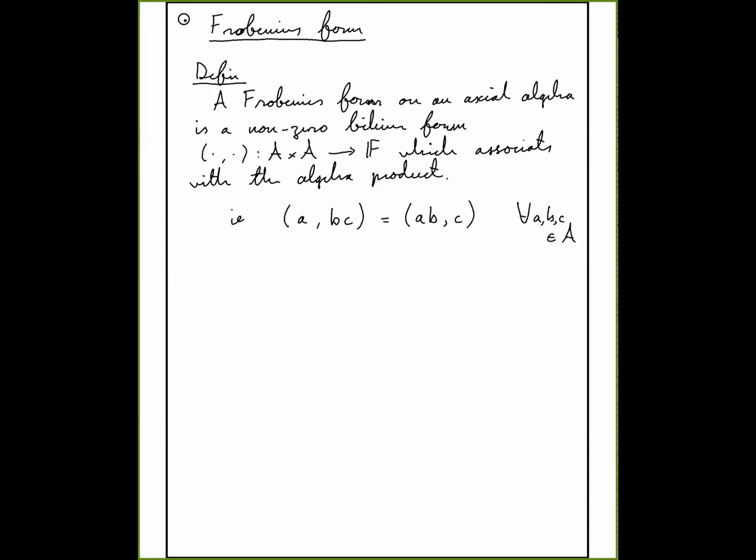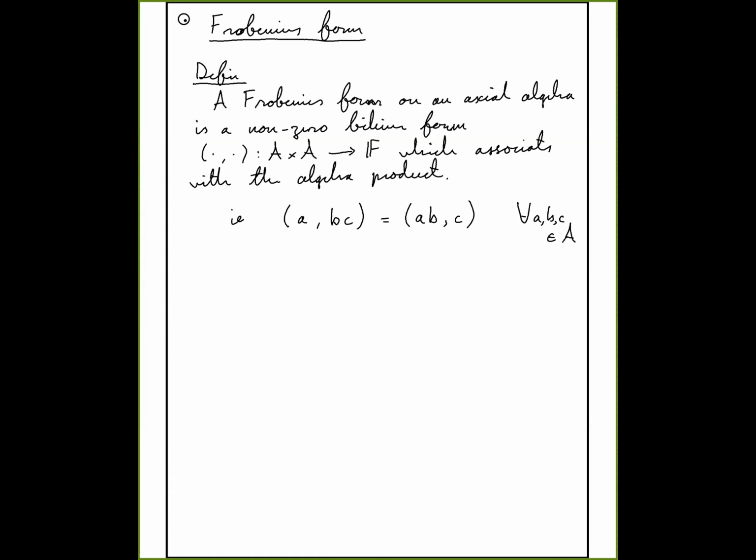So this is a Frobenius form, and we're going to explore some properties of it next time. This will turn out to be very useful if you want to consider various properties of the algebra, like, for example, ideals. So this will make it easier for us to work with ideals in axial algebras.